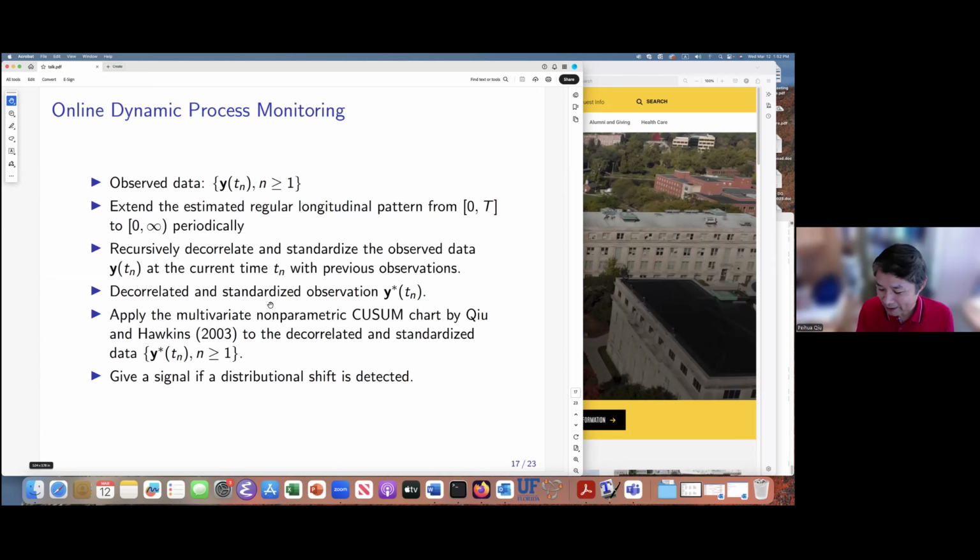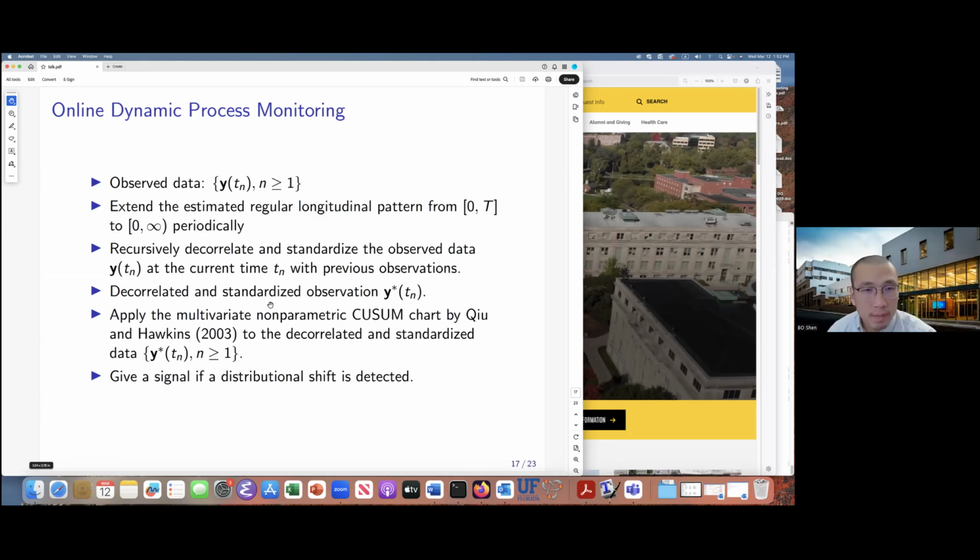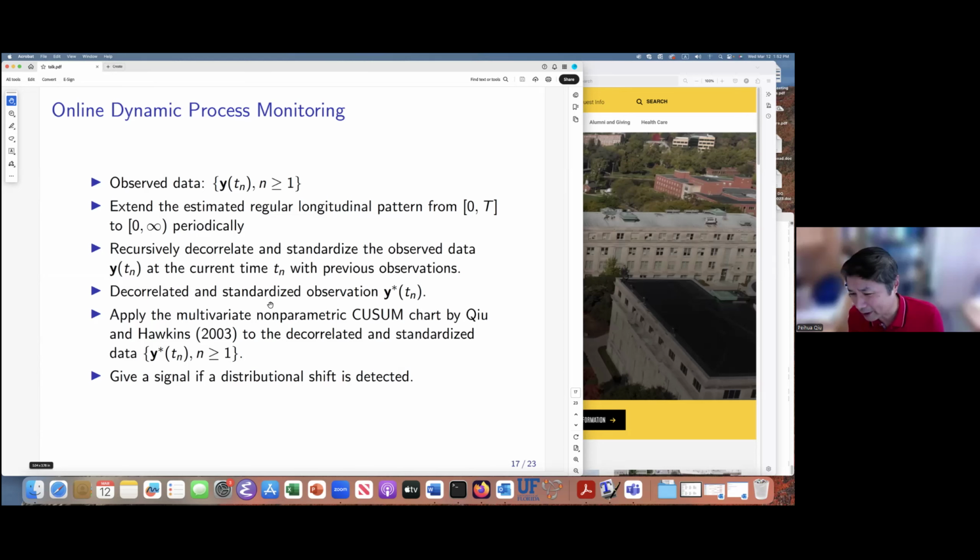Why is it complicated? Because there is spatial temporal correlation. Most people try to ignore such spatial temporal correlation. Intuitively, if two observations are very close in time or space or location, they are more correlated. That's because, for example, those spatial temporal correlations are a reflection of the so-called confounding risk factors.